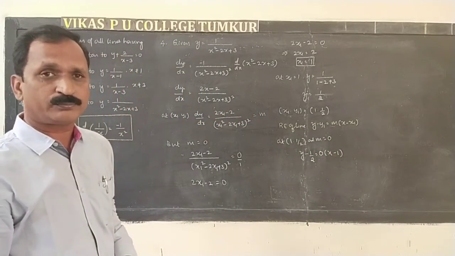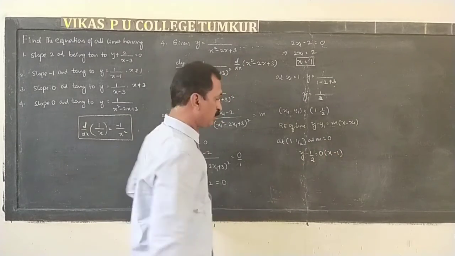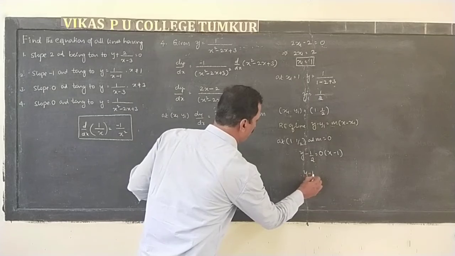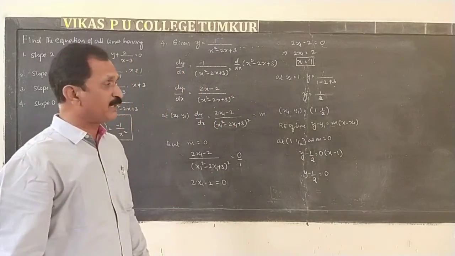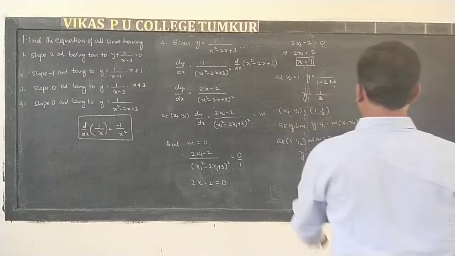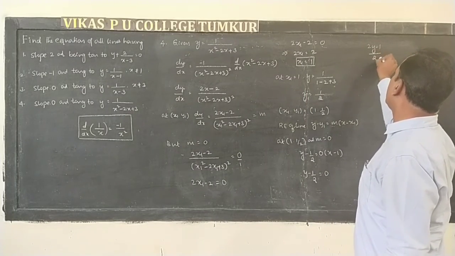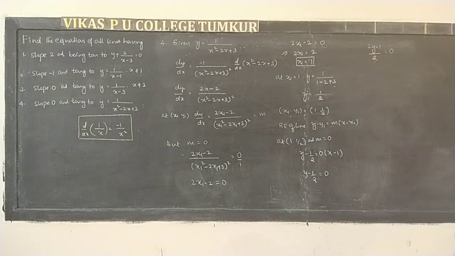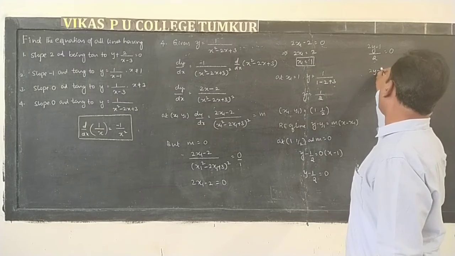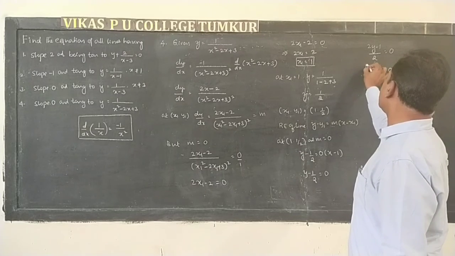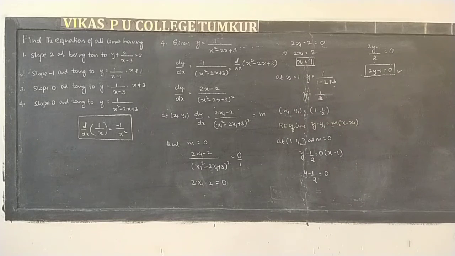Remember, on the RHS 0 into anything is always 0. So y minus 1 by 2 is equal to 0. Then take LCM and simplify. 2y minus 1 by 2 is equal to 0. Got it? So cross multiply and the final answer: 2y minus 1 should be equal to 0. This will be the equation of line for the last condition.